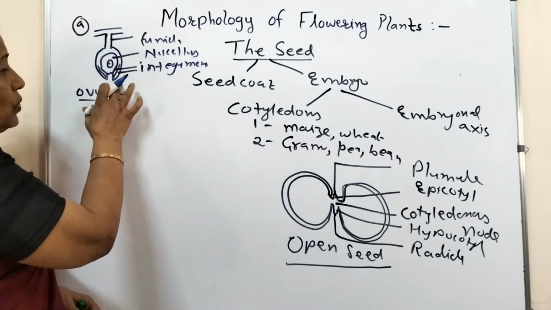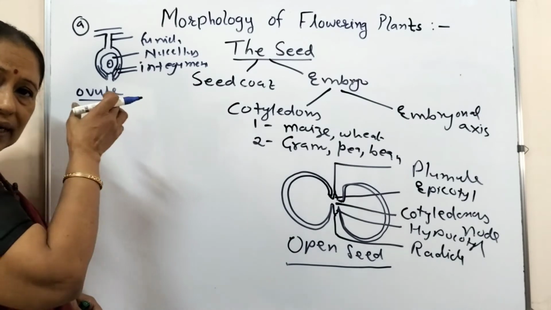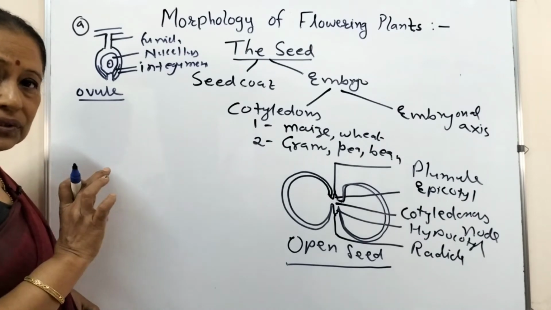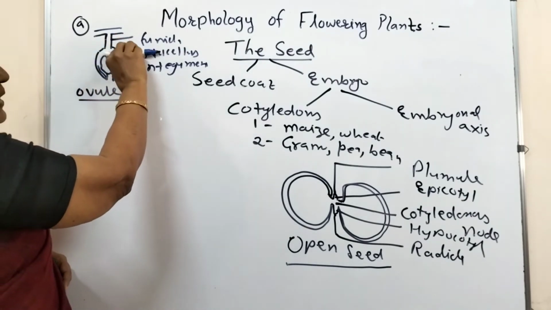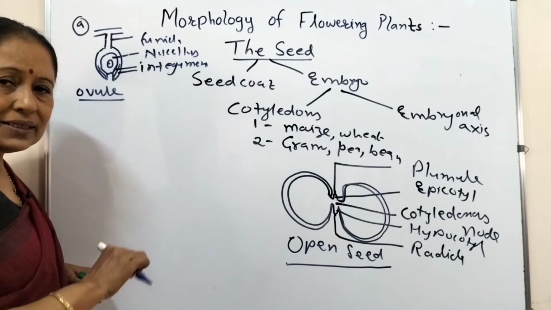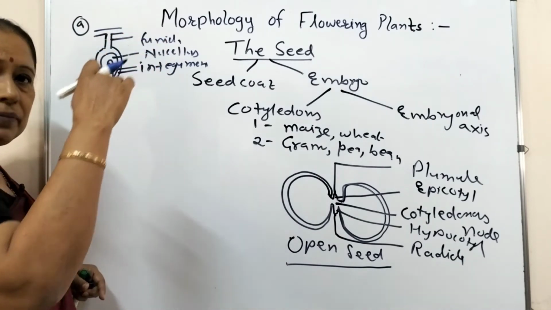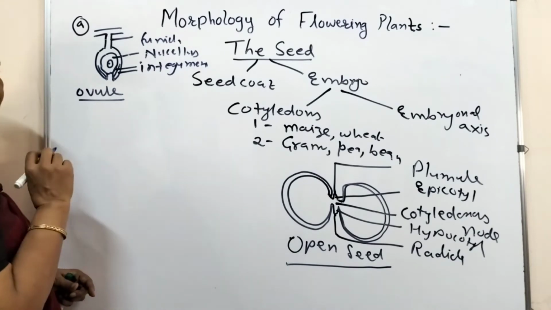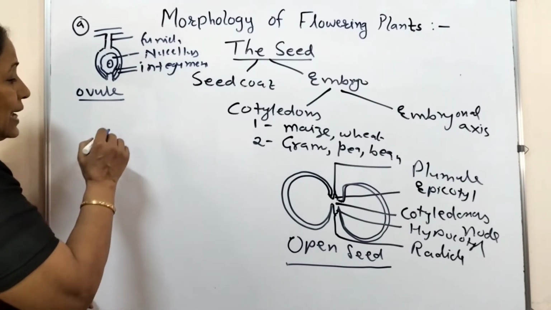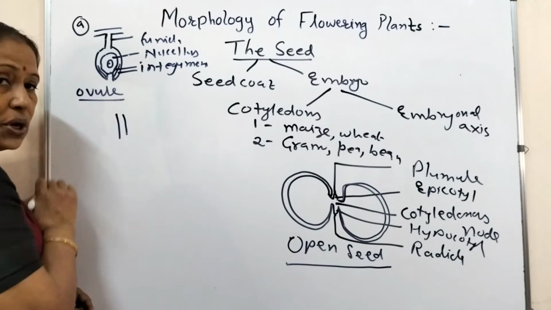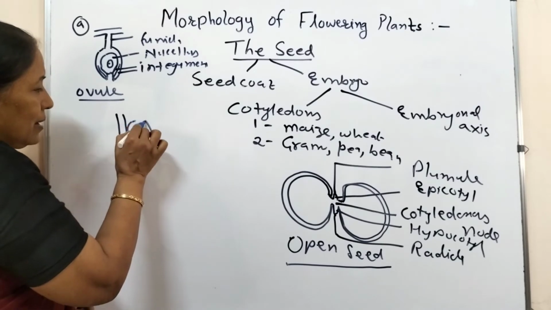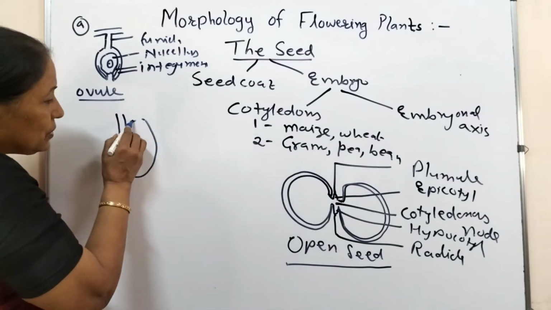No. This ovule can move, it can rotate at different angles to form different types of ovules. For example, if it rotates and comes to the equator, then you call it hemitropous, as if it divided a round earth into two hemispheres. But what is anatropous ovule? Anatropous ovule is what you will read the most. So in this anatropous ovule, if this is the stalk and now the ovule turns 180 degrees completely.